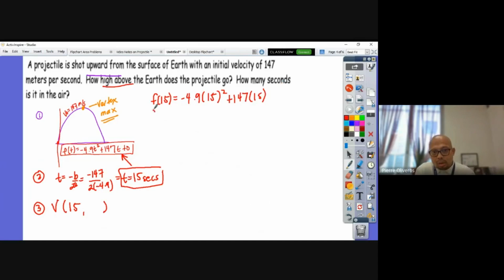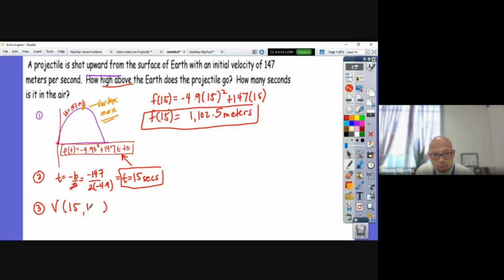My answer, f of 15, is equal to 1,102.5 meters. So therefore, the vertex here is 15 comma 1,102.5.